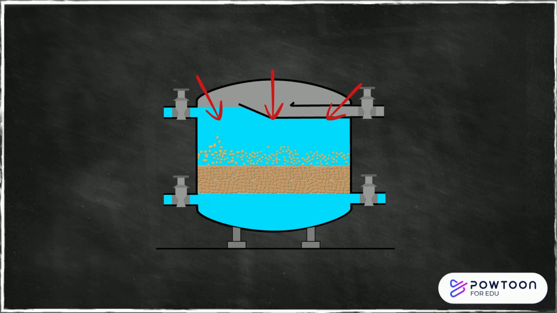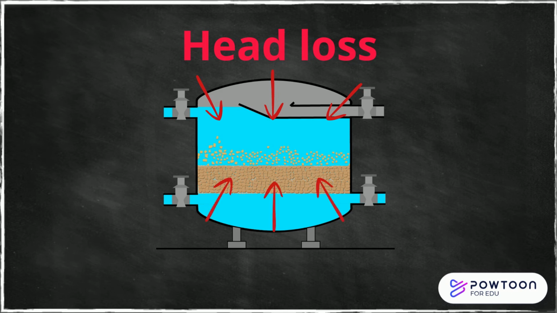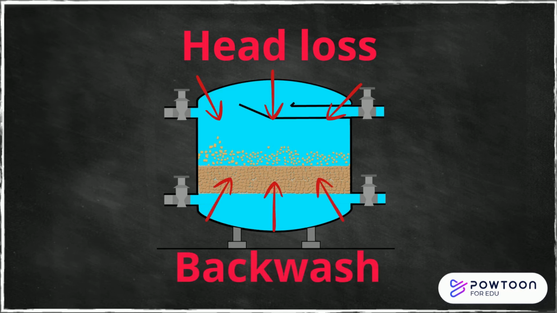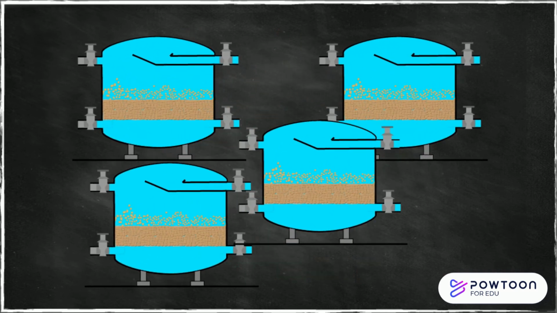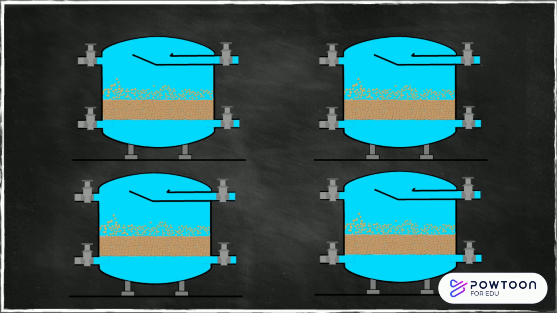That increase in pressure is called head loss. When head loss reaches a significant level, the filter media must be backwashed to remove all the particles. So most water treatment plants have more than one filtration unit so that they can backwash one while they use the others.